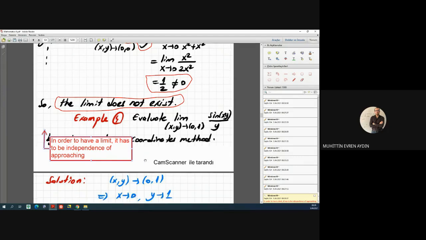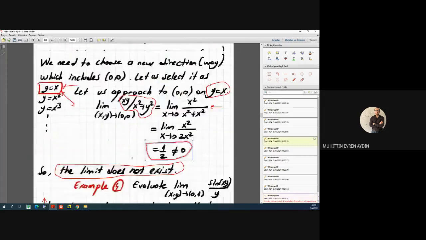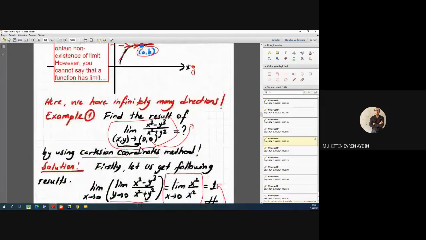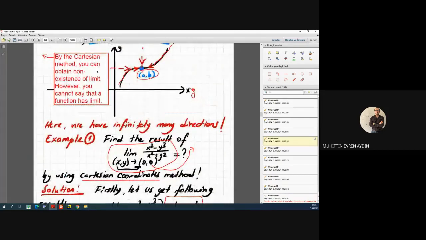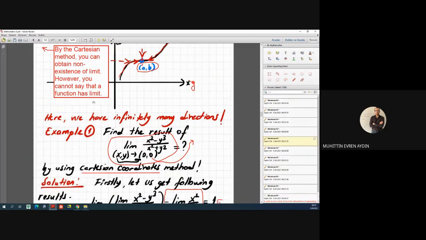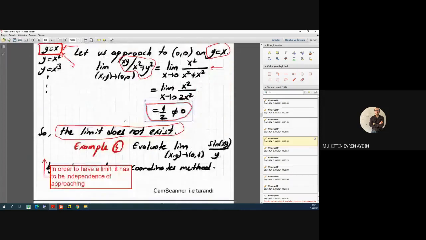So this method, as I wrote before, by this method you can obtain non-existence, just non-existence. By this method you can't solve the case that a function has a limit. This is important. Okay.